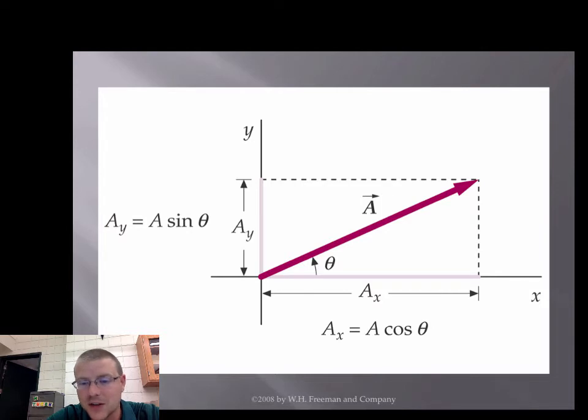Based on SOHCAHTOA, we know that the X component is going to deal with cosine and the Y component with sine. I'd say 90% of the time, the Y component is sine and the X component is cosine. But there is that 10% where you do have to look at your angle and see which side of your vector is actually the adjacent and which one is the opposite.